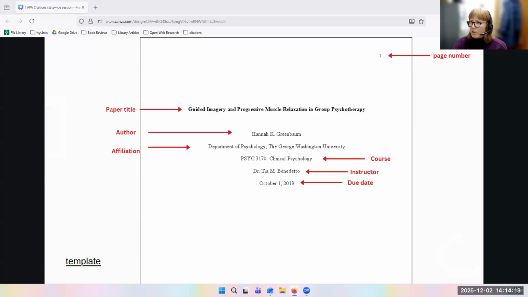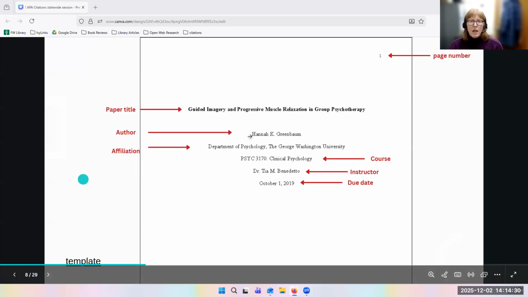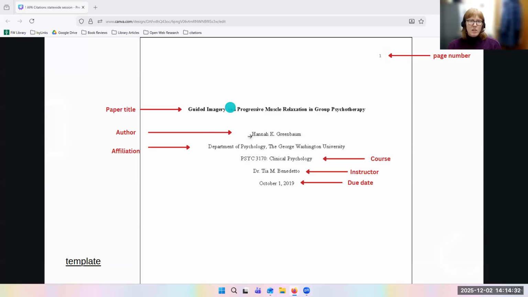All right, so first let's start with one thing that APA sets a standard for, and that is the way your paper looks, like the pages and the layout of your paper. In APA, we have a cover page, right? And that includes the information here.